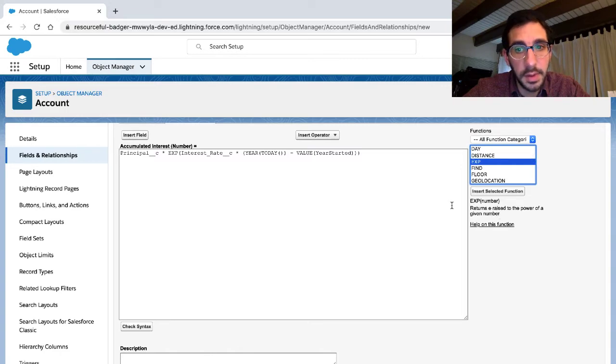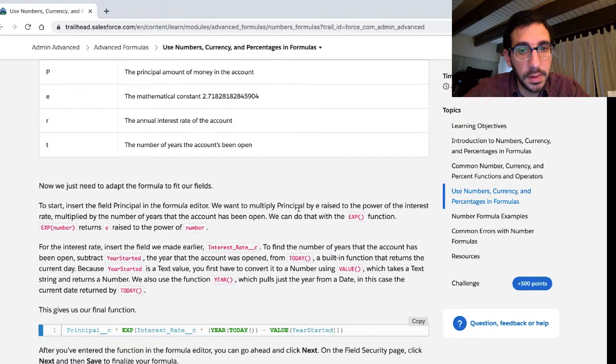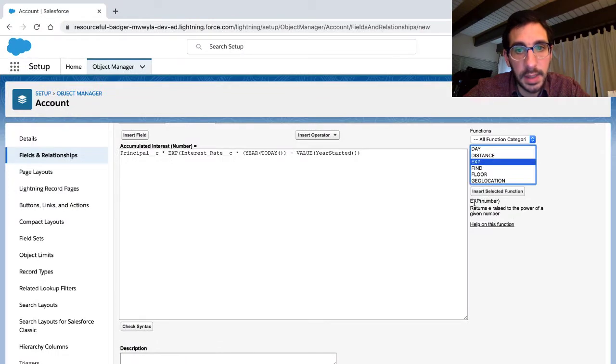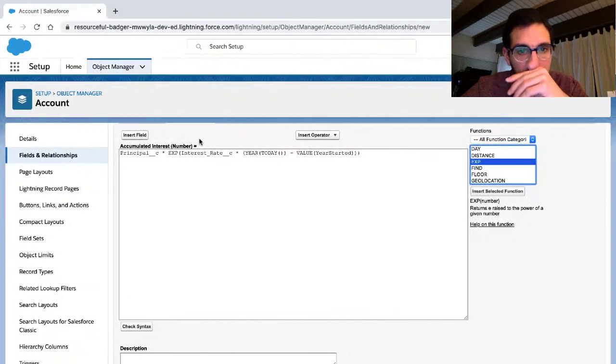Oh, okay. So the exp function returns e raised to the power of a number, which I know that's what it said, but for some reason I needed to see it over here for it to make sense to me.